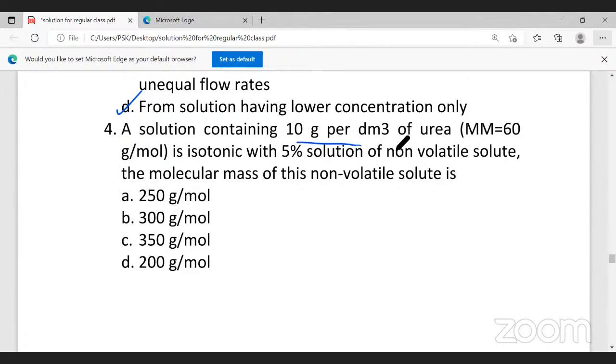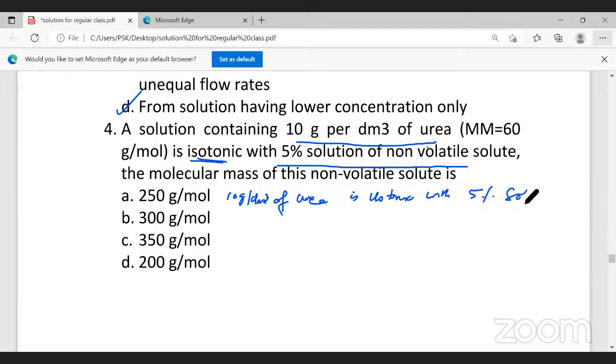When we say isotonic, there is no movement of solvent particles. No osmosis possible. Maybe I will write for you to understand. 10 gram per decimeter cube of urea is isotonic with 5% solution of the non-volatile solute.